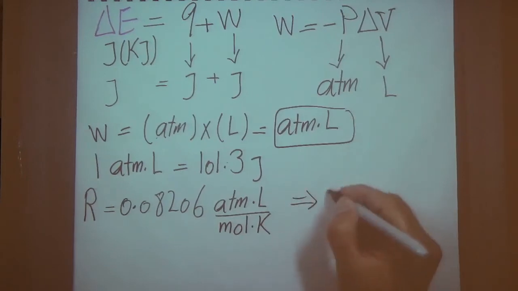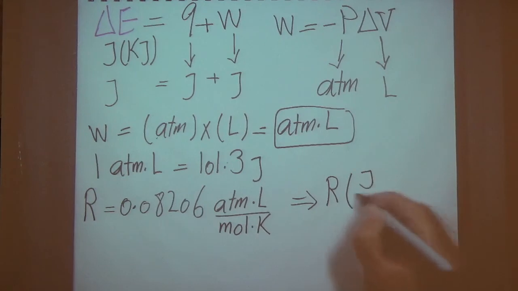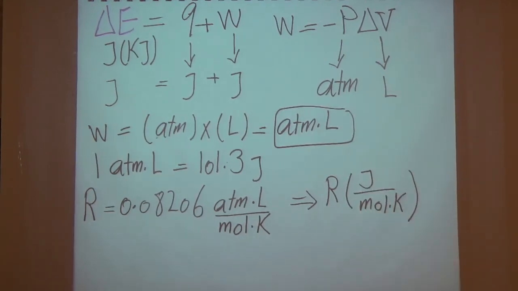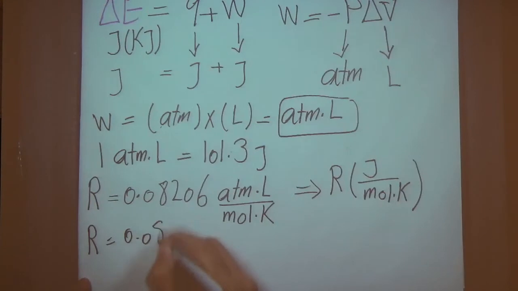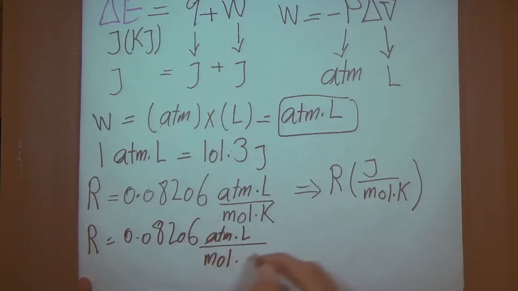Now the question is to find R in this unit, joule over mole Kelvin. I go with R equal to 0.8206 atmosphere liter over mole Kelvin.